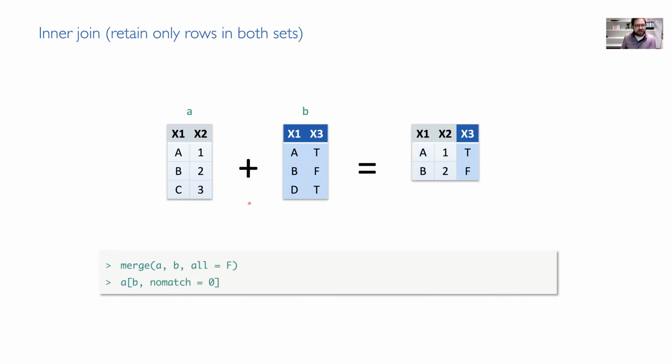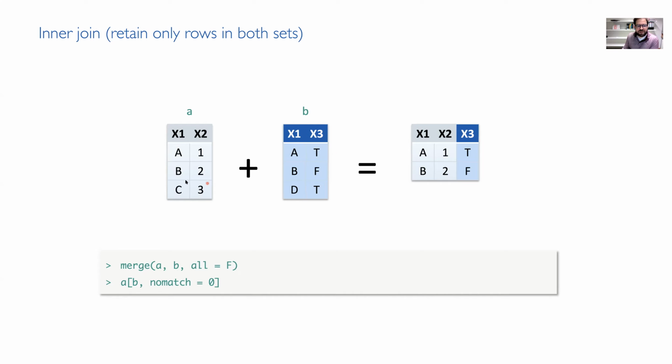There's also a so-called inner join. That's the most restrictive join, and this inner join just keeps rows where we have information in both tables. If we don't have information in both tables, then this row will not end up in the final data set.